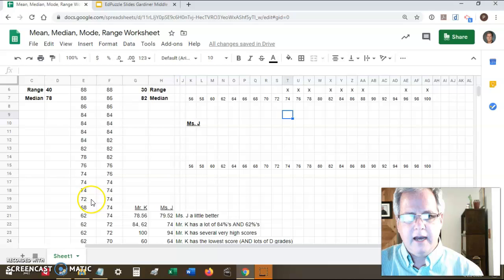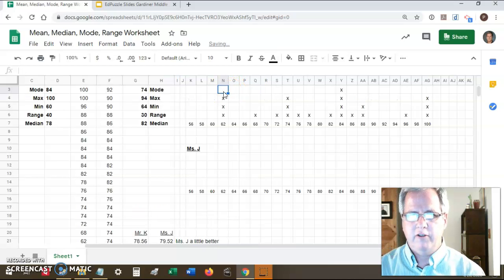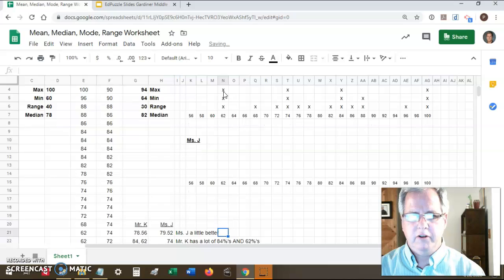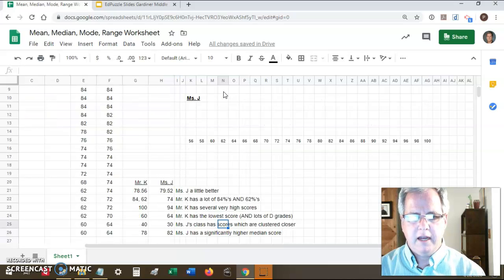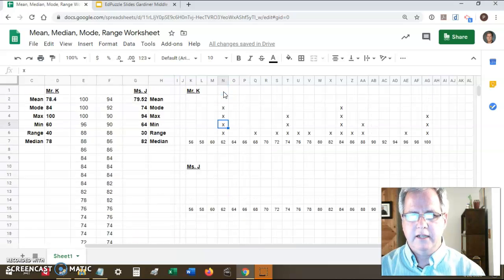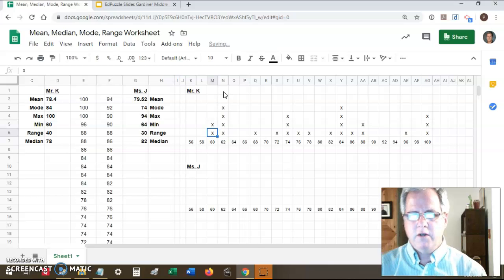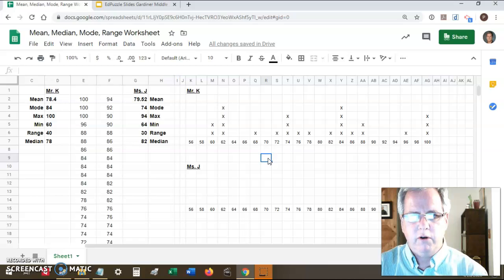And then he had a 72, a 68, and 4 people got 62 on his test, which is interesting. And he had 2 people get 60 on the test. So that's a histogram. It's a picture of what everybody's scores were.